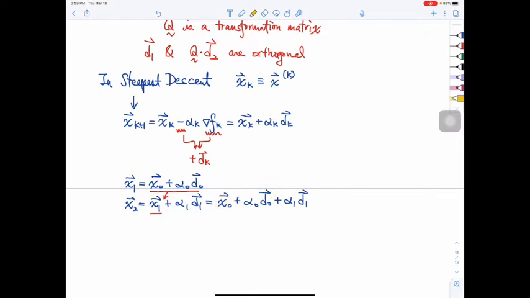So from here, if I keep on doing this until I find the optimal solution, then I know my optimal solution definitely looks like this.